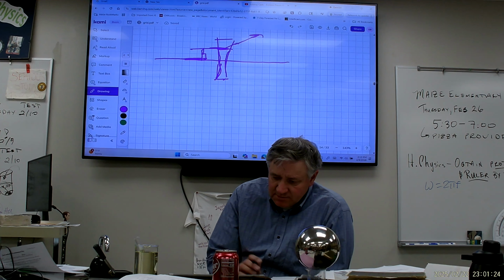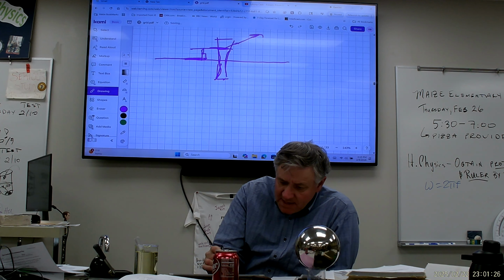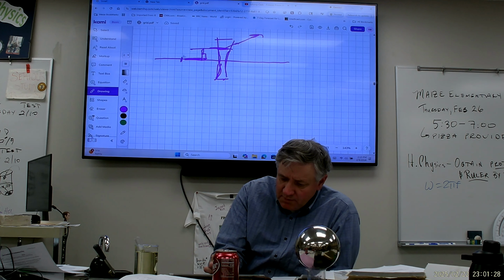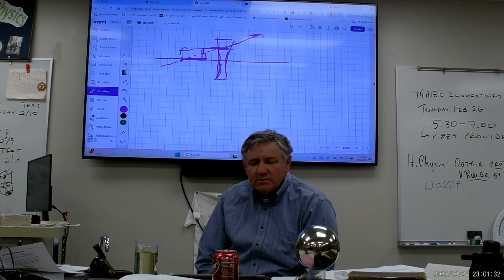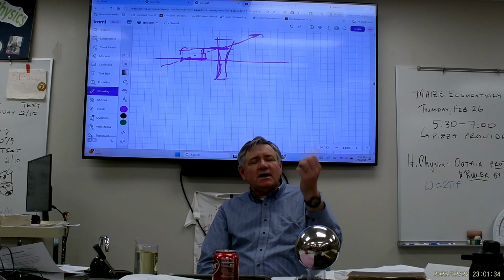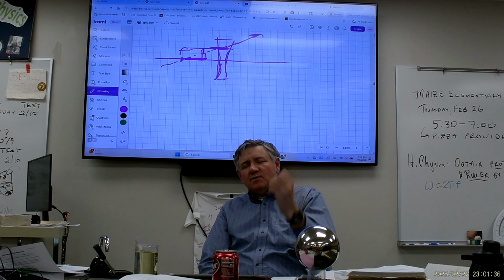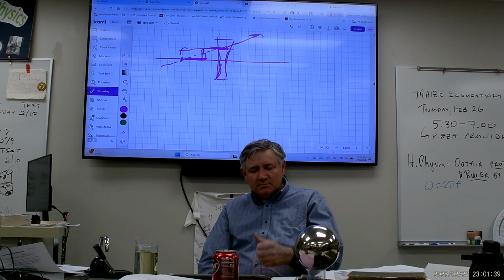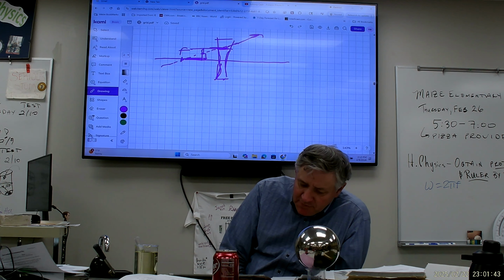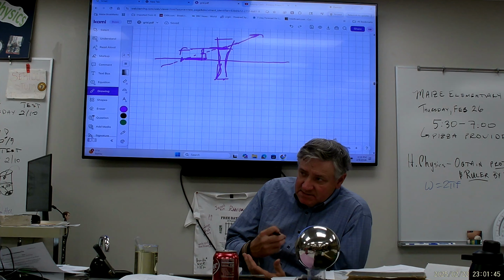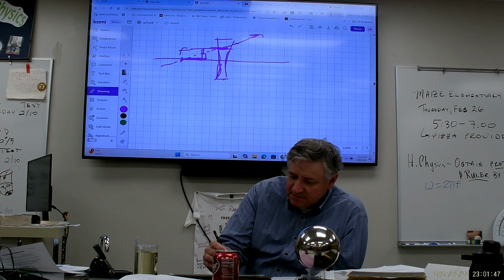It's going to diverge, right? But then it's going to try and go through the focal point that's back here. So right away, when you have a concave lens, the only type of image you can make is virtual.